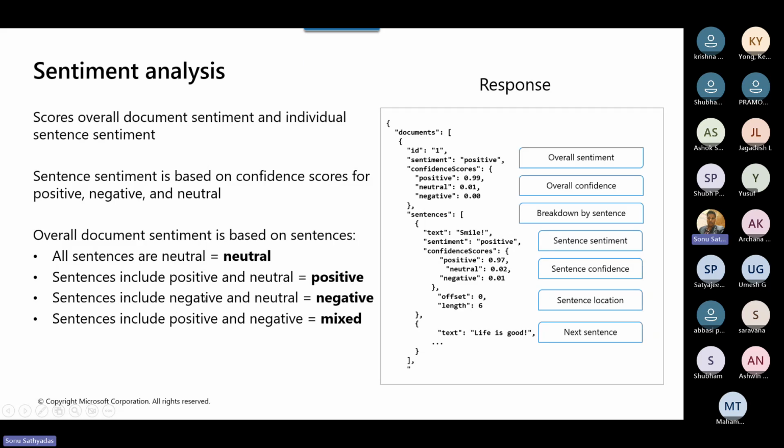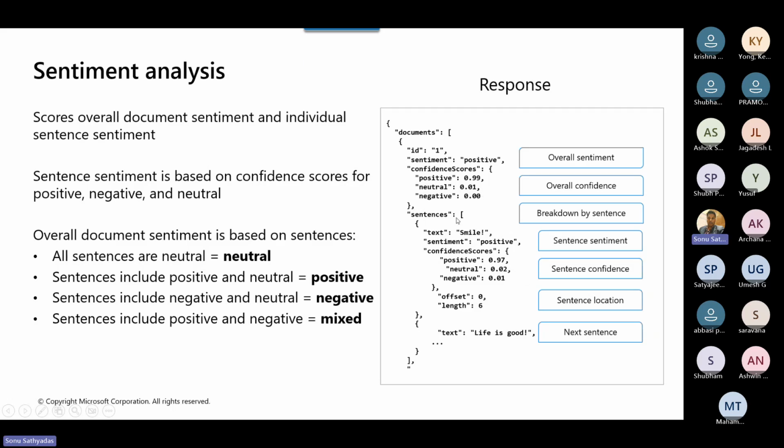Sentences including negative and neutral, then it returns the overall result as negative. Sentences including positive and negative, it's a mix, then it returns mixed as the response. So it identifies the sentiment of each and every sentence and then also returns the sentiment of the total text.